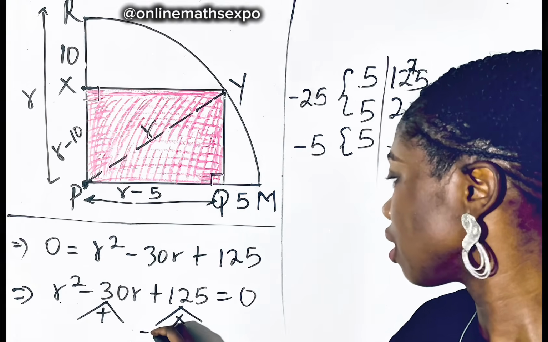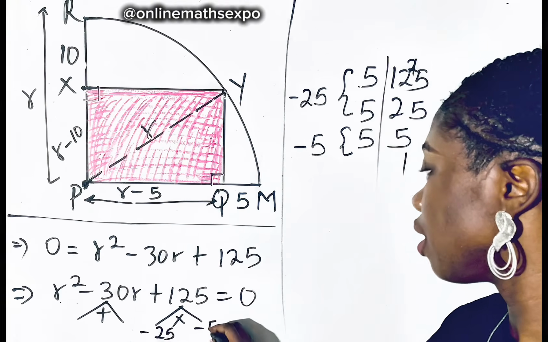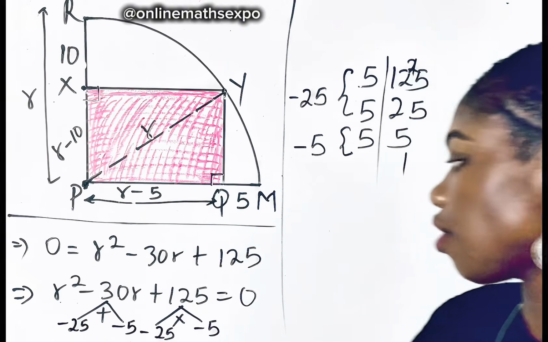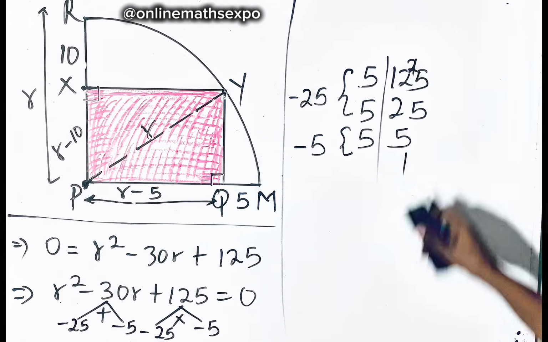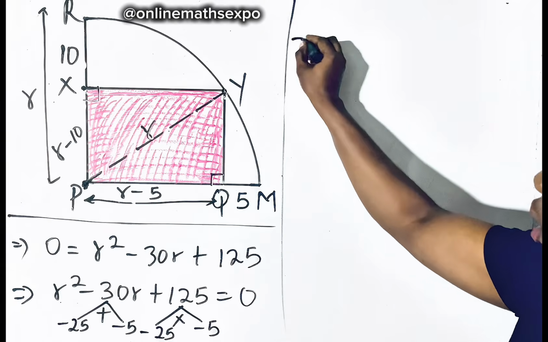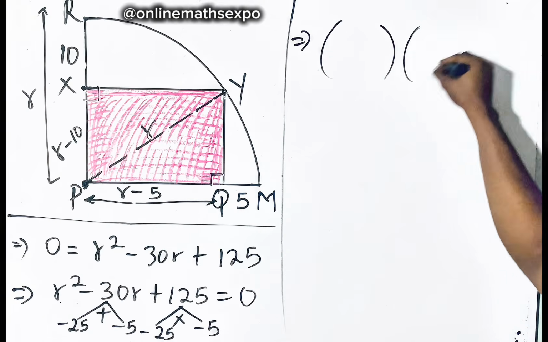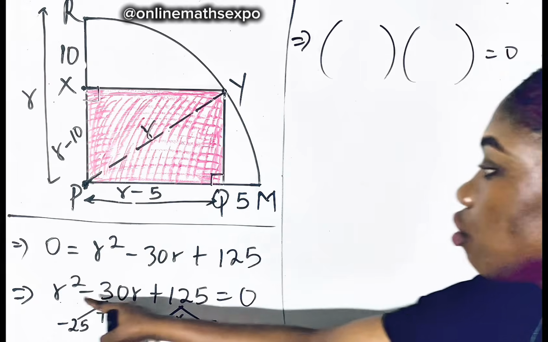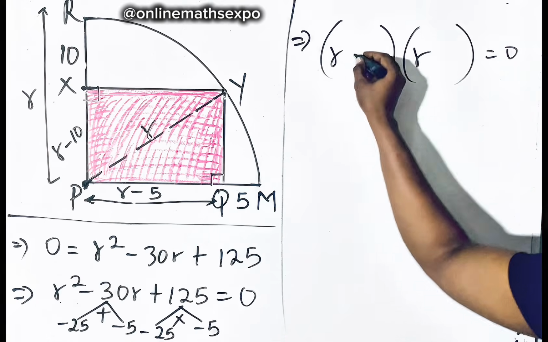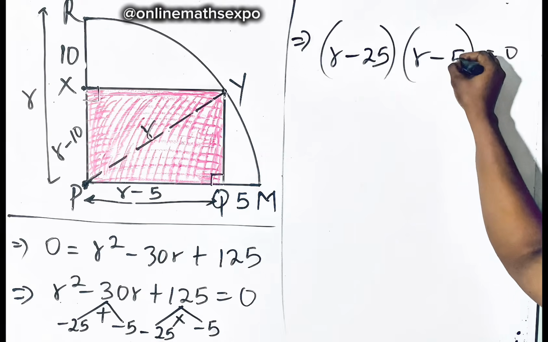So the numbers are negative 25 and negative 5. So let's work it out. What we do now is open up two brackets. Then since it's R squared, put 1 in each of them. We have minus 25 and minus 5.